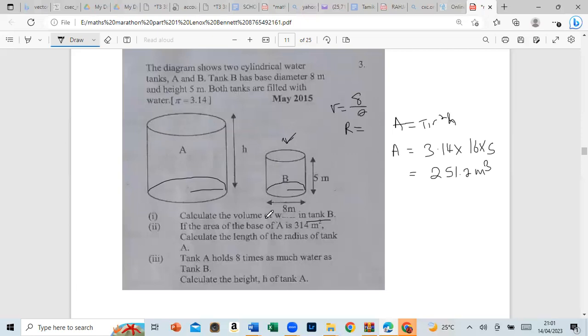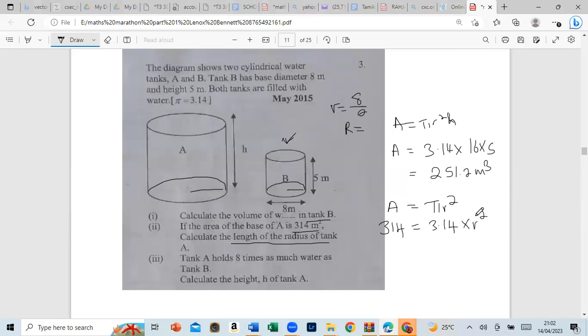All right. It says if the area of the base of A is 314 meters squared, calculate the length of the radius of the tank. We know the area is pi r squared. They gave us the area, 314, and told us to use pi as 3.14, times r squared.